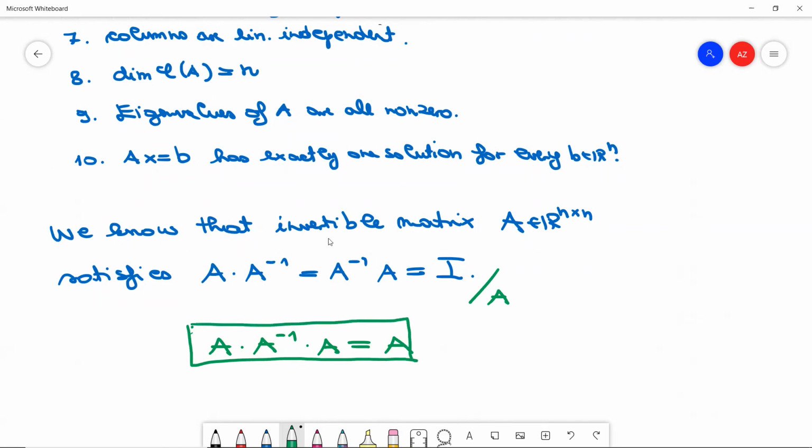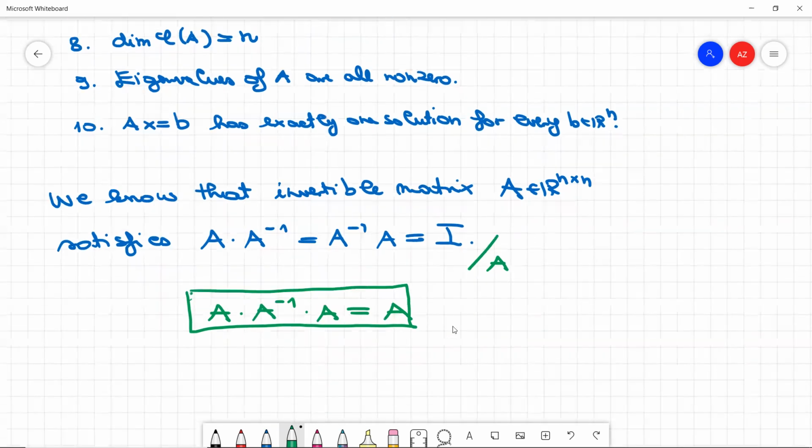If you are talking about invertible square matrices, these two things are equivalent. So A times A inverse is equal to identity if and only if A A inverse A is equal to A.